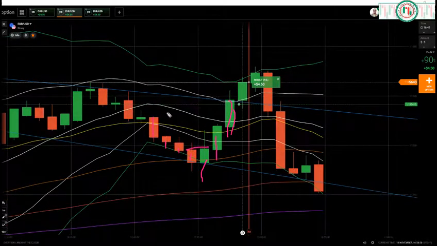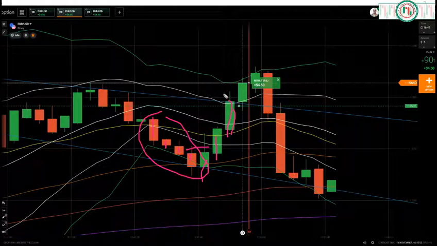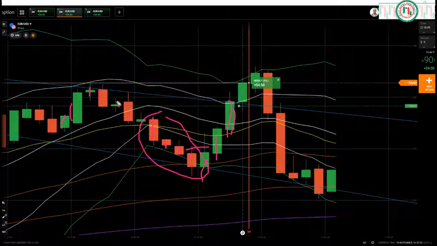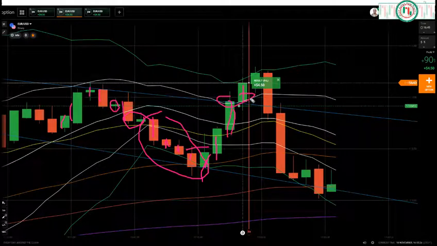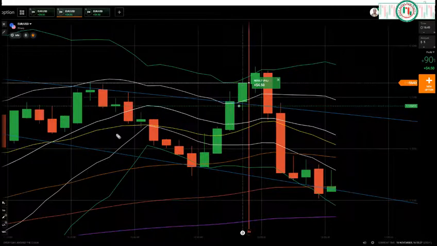If I see 3 red candles at this area, I will not place my trade here, because you see 1, 2, 3 green candles. You see 1 candle retracement, 1 candle retracement. So that's why if I see 1, 2, 3 red candles, I will not place my trade here. I know it may reverse, that's why I placed my trade immediately. And the candle here is a very strong candle, so that's why I placed a trade here.